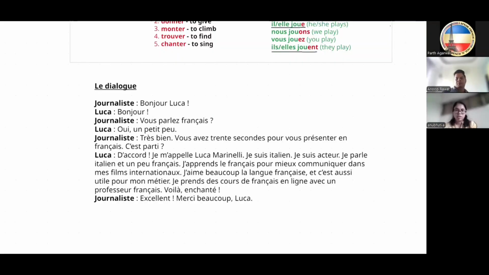Whatever verb you find. For example, in this third line, you will find the verb parler. Do you agree with me? Parler is a verb. So I have highlighted this. The same way you have to write down the other verbs in this whole dialogue.